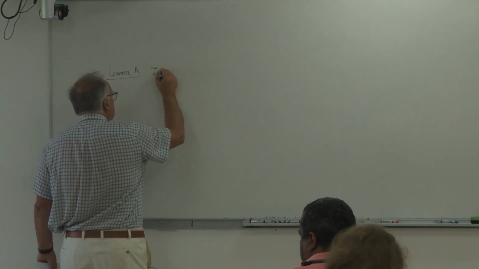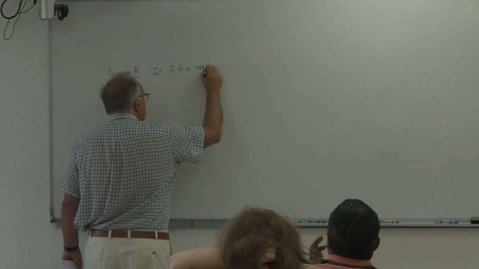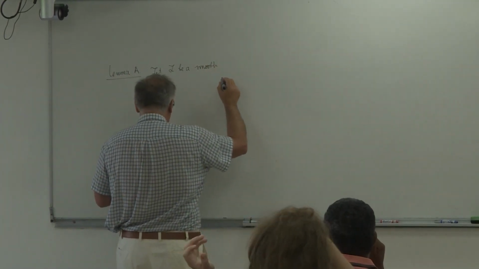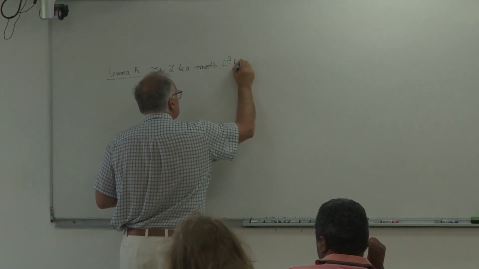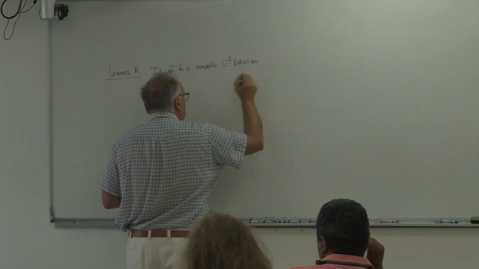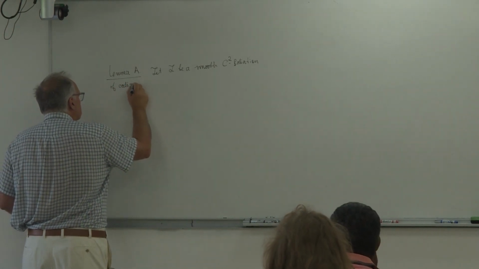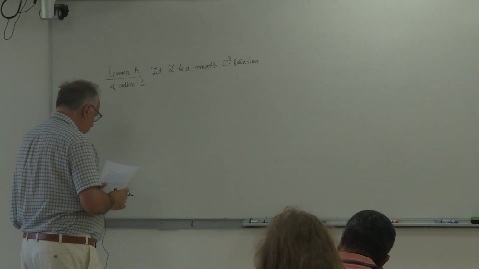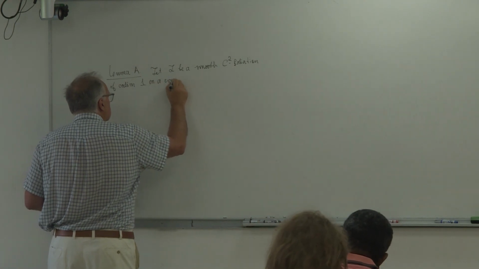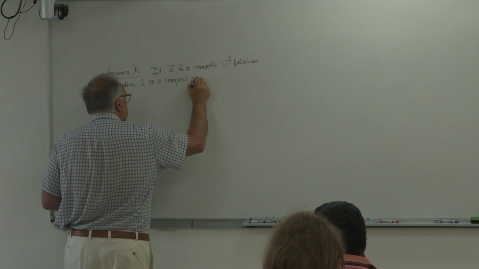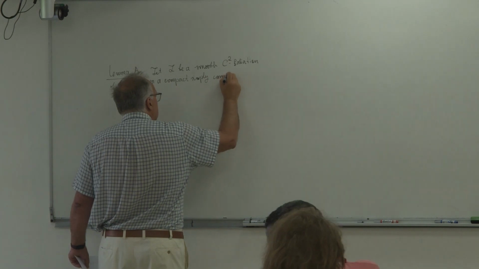Let L be a smooth, of class C2, foliation of codimension 1 on a compact, simply connected manifold.